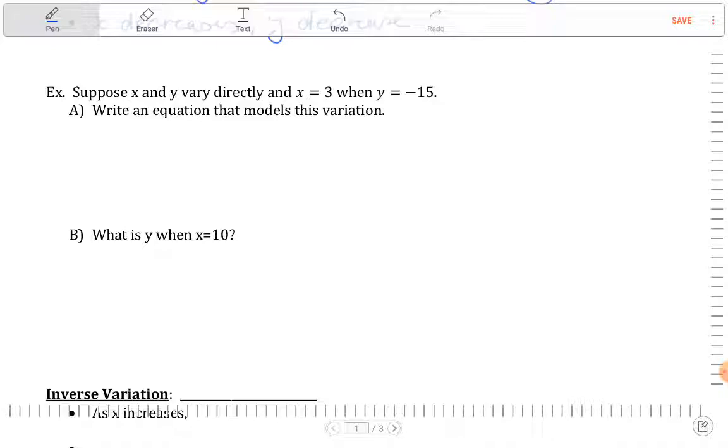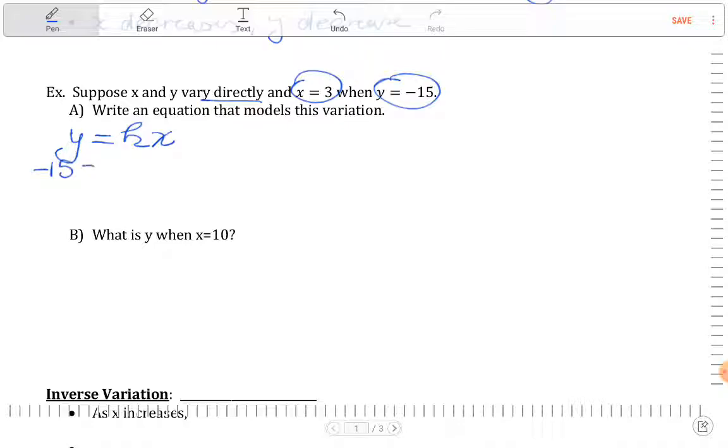So, suppose x and y vary directly, important to know, and x is 3 and y is negative 15. We can use our direct variation model of y equals k times x, and we can plug in the information we know.